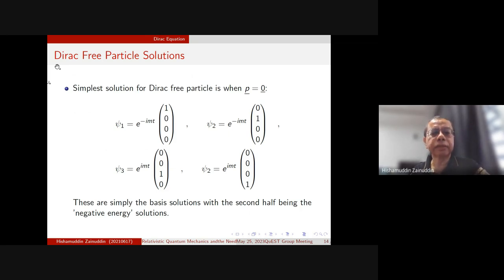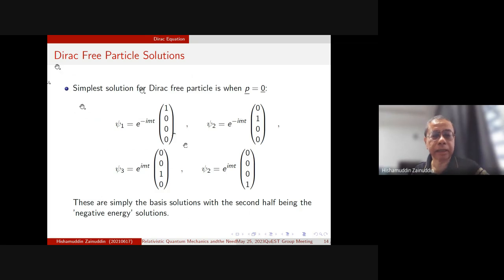So you can actually solve it, and then you find that the independent solutions of the Dirac equation for the case of P equals zero are simply related to the basis matrices, 4 by 1, sorry. The only difference over here is again your exponential.